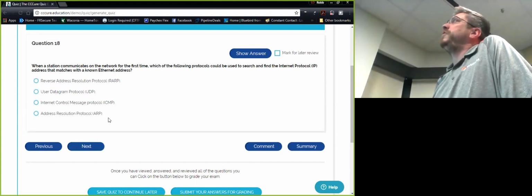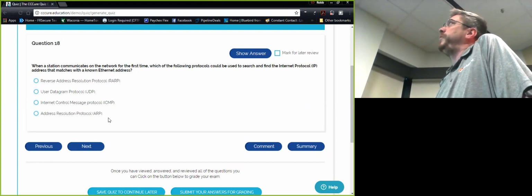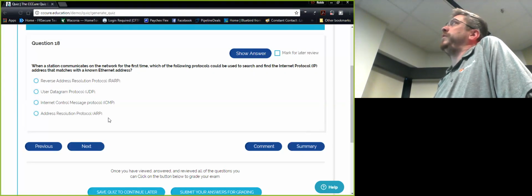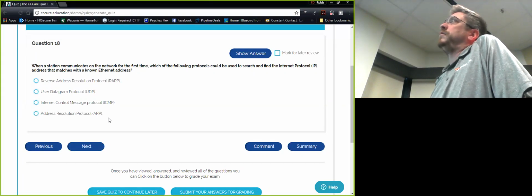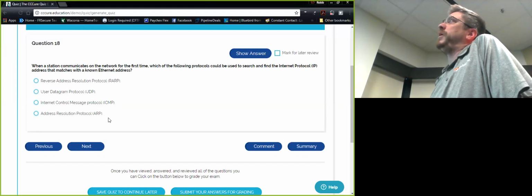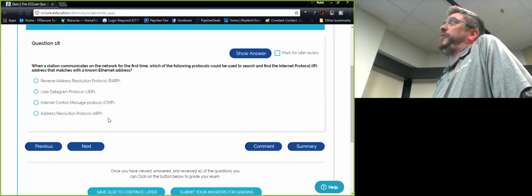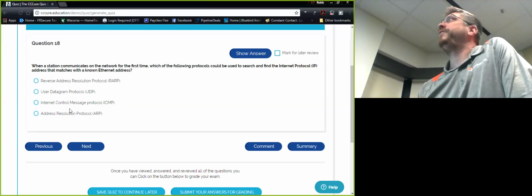When a station communicates on the network for the first time, which of the following protocols could be used to search and find the IP address that matches a known Ethernet address? Reverse ARP, UDP, user datagram protocol, ICMP, or ARP? Well, it's not UDP or ICMP.